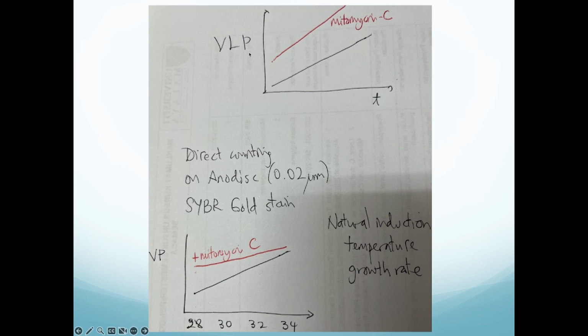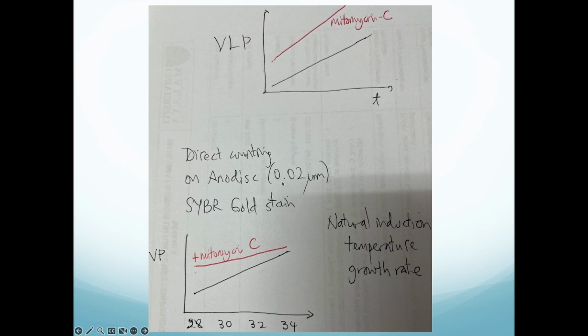So if you were looking at just the virus-like particles over time, you will see virus-like particles increasing because of viral production. And because mitomycin C induces all lysogen into lytic mode, naturally the amount of virus-like particles should be higher in this microcosm.